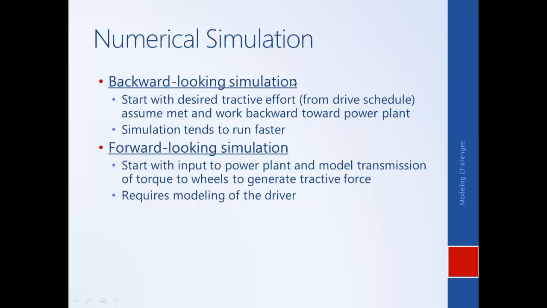Those are then applied to the power plant or the model of the braking system, which generates some torque. And then that torque is then applied to a model of the transmission. And then the output of the transmission generates some torque, which is then applied to a model of the wheels, and so forth. This type of simulation basically mimics the physical world.